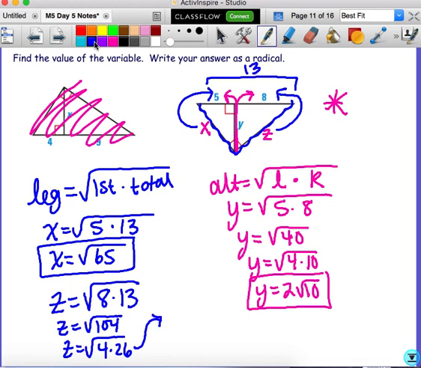The square root of 4 is 2, so 2 square roots of 26 is my value of z. Again, if you're not a memorizer, just redraw the 3 triangles just like we did in the first example. You'll still end up with the same answers. This method just saves you a little bit of time.